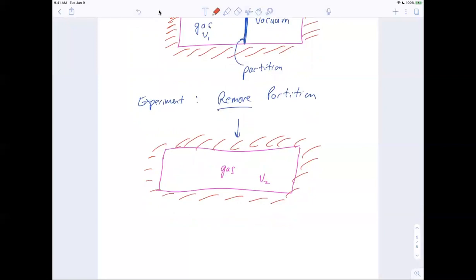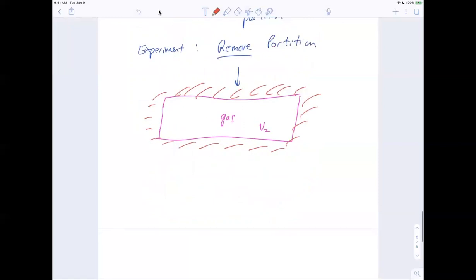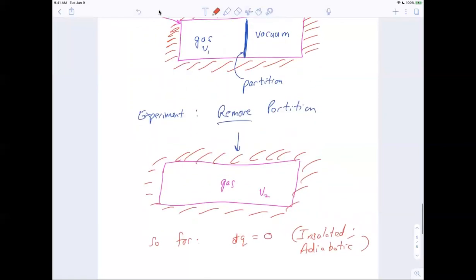Everyone okay with that? So far we know that dq is equal to 0 because it's insulated, and so this is adiabatic. This is an adiabatic expansion of the gas from the initial volume V1 to a final volume V2.